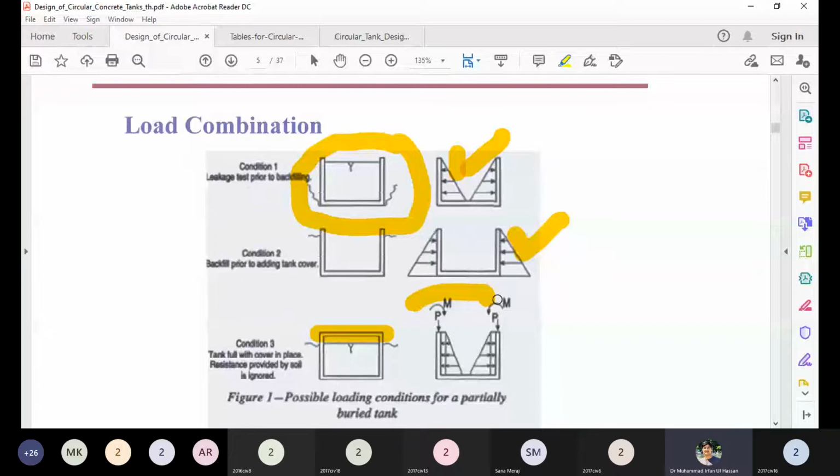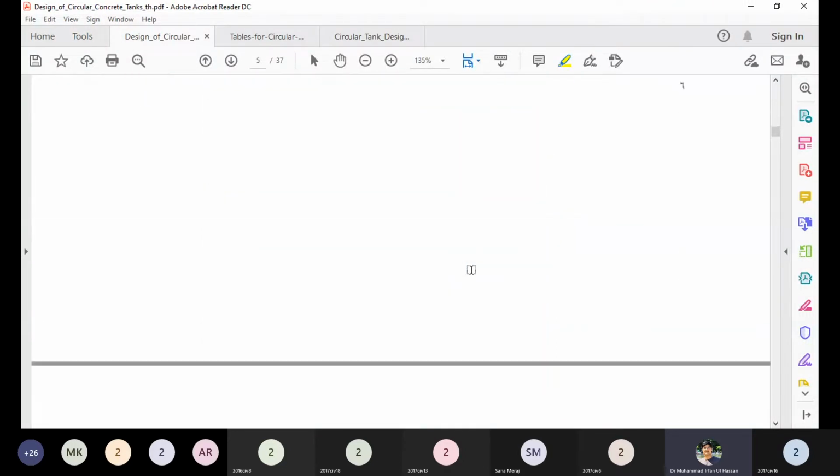So therefore, you have to see that the different conditions are present, and the tank is not only designed for the single condition but multiple conditions.